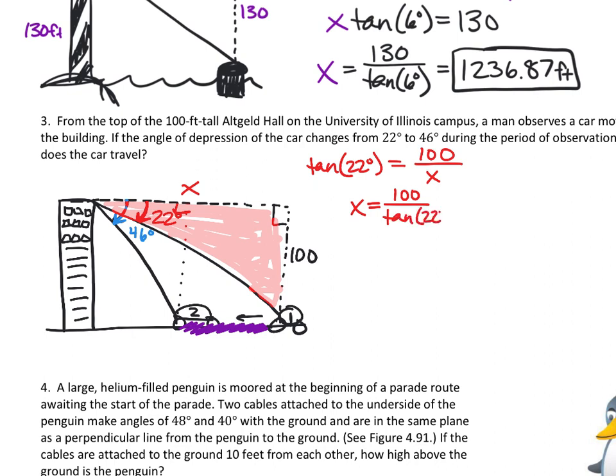We should get a little bit faster at that deriving. If you don't know where that came from, it's the same steps as the problem right above it. But that's something I can put in a calculator. 100 divided by the tangent of 22 is 247.51 feet. Feet? Yes, feet.